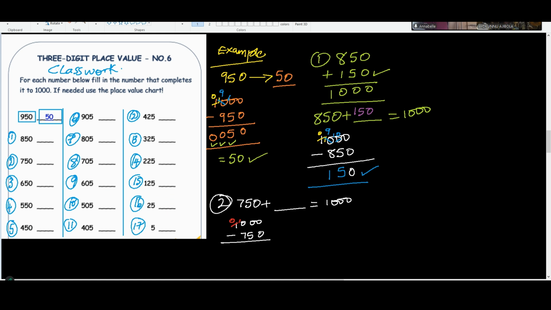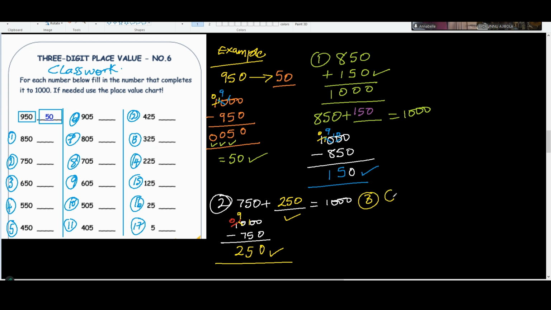So 0 minus 0 is already 0. Borrow 1 again, that's 9, and this is 10. Finally, 10 minus 5 is 5, and 9 minus 7 is 2. Then this is 0. So what's my answer? 250. Is this clear to you? Yeah. Let me do one more.